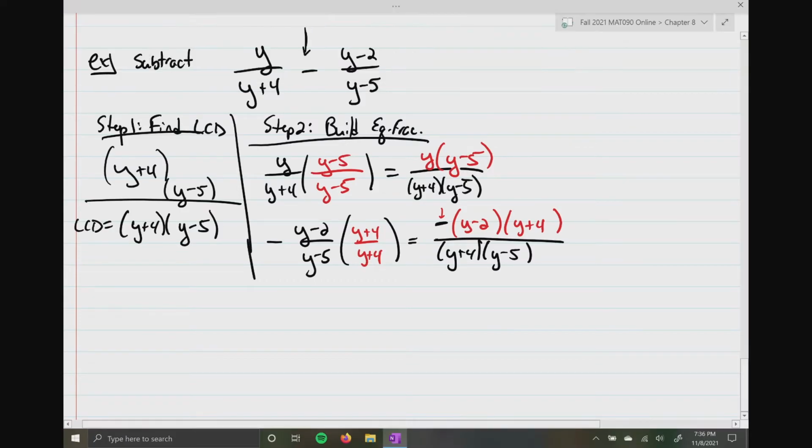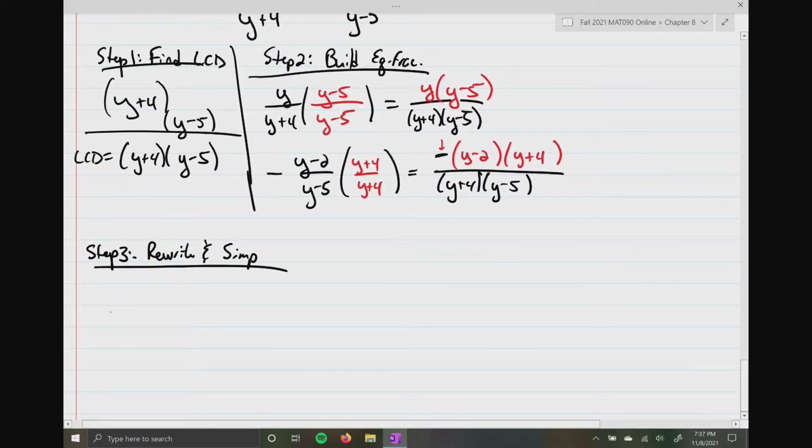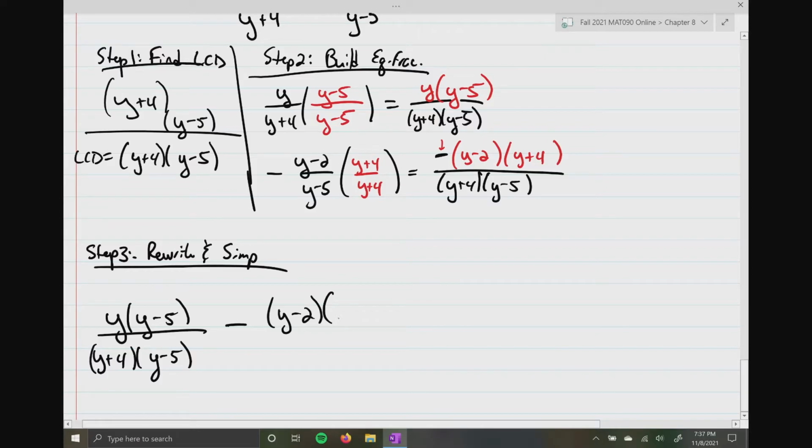So if you notice here, you've got a negative out front, which means in step 3, when you go to rewrite everything and simplify, you're going to write y times a quantity, y minus 5, all over y plus 4 times y minus 5, minus the quantity y minus 2 times y plus 4, all over y plus 4 times y minus 5.